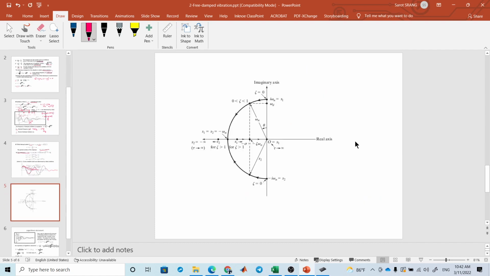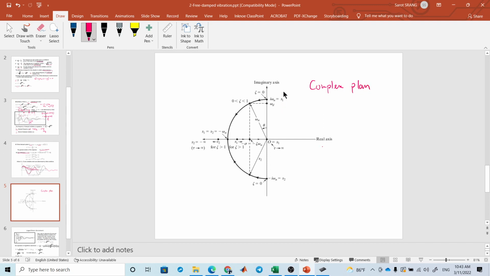Well, this is the illustration of the roots of the characteristic equation. The characteristic equation can have real roots or complex roots. Then you can see here it's the complex plane.